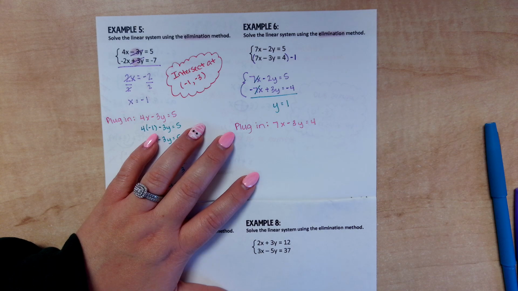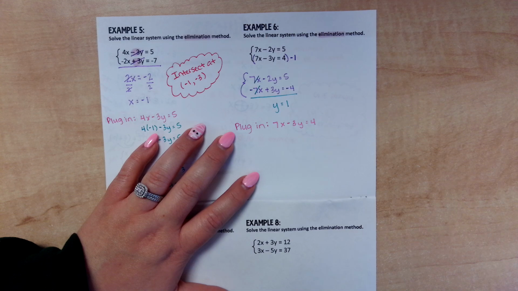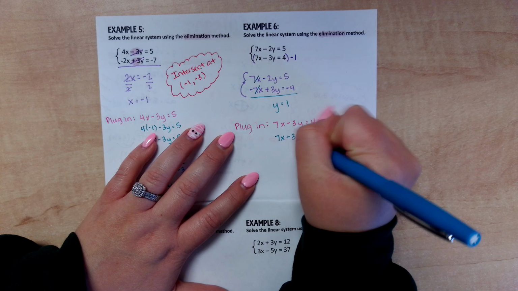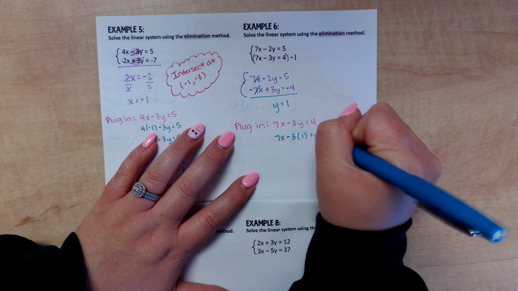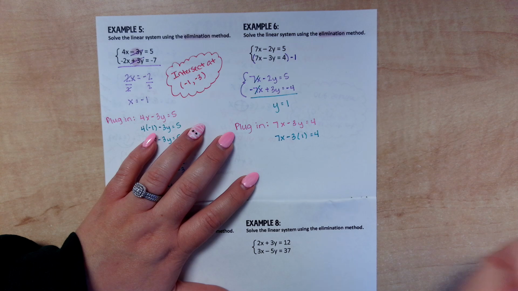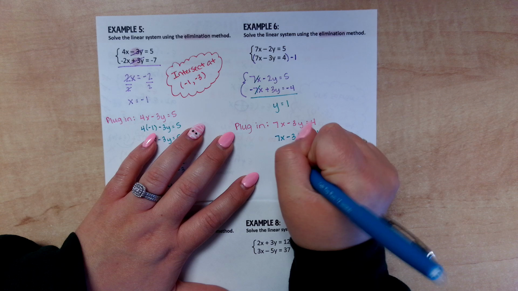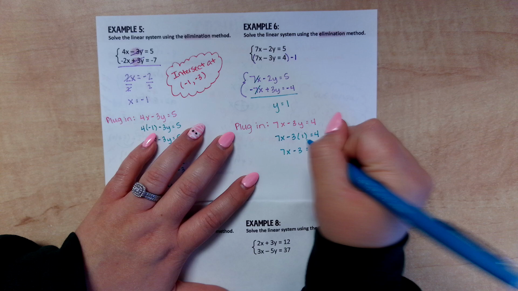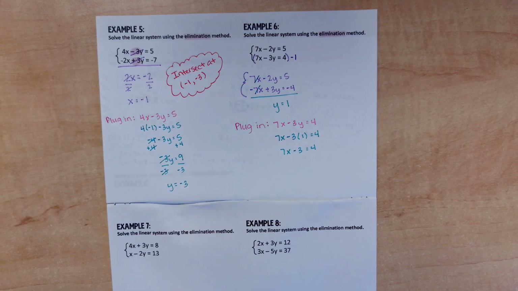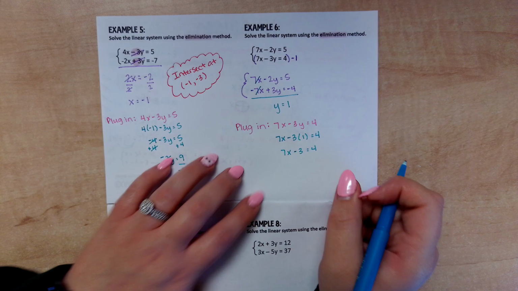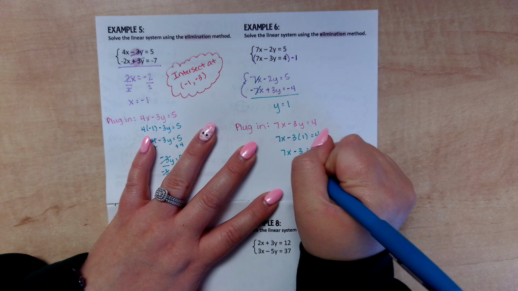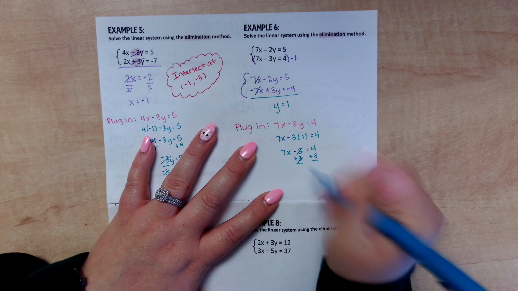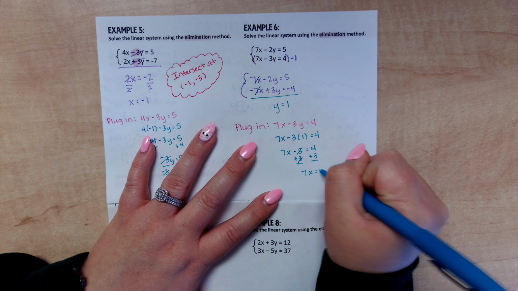I'm gonna rewrite this whole system here with 1. So I've got 7x minus 3 times 1 equals 4. Then I'm going to multiply it out. 7x minus 3 equals 4 because negative 3 times 1 is negative 3, and then that 4, add 3 to both sides. 7x equals 7.